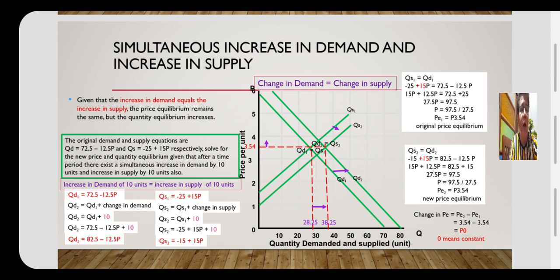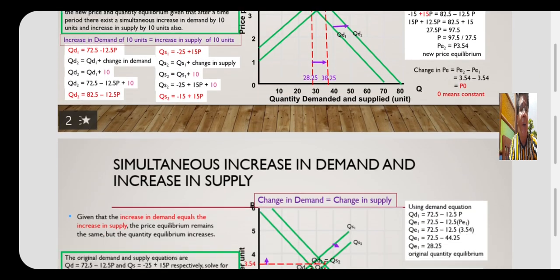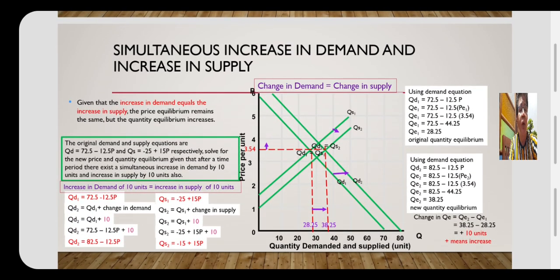And we can prove this through the computation of quantity equilibrium in this next slide. So given the same situations and curves, look at the value of the new quantity equilibrium.